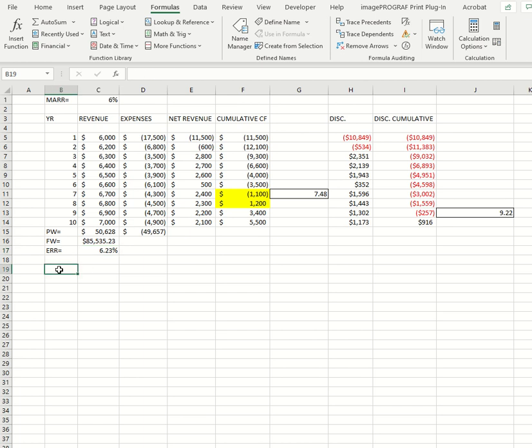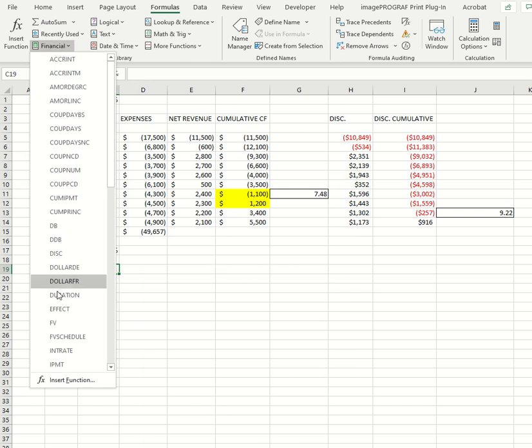Now let's get the final, which is the IRR. And the IRR is really easy because all we have to do is take the net revenue. There's an IRR function.